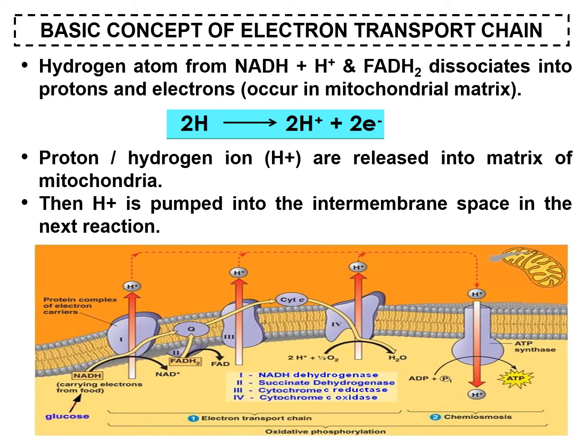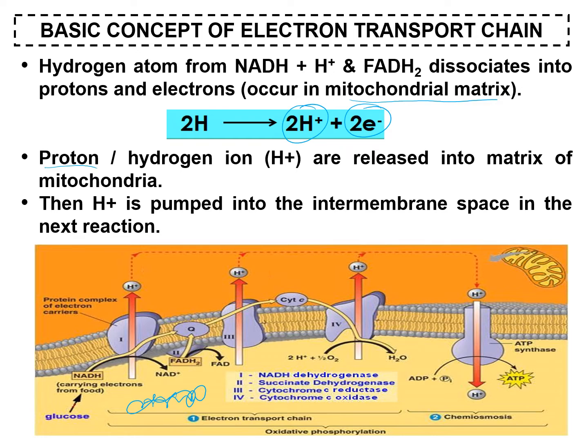The basic concept of the electron transport chain: the hydrogen atoms from the NADH and FADH2 dissociate into protons and electrons. The dissociation occurs in the mitochondrial matrix here. So the hydrogen ion and the electron will be separated.